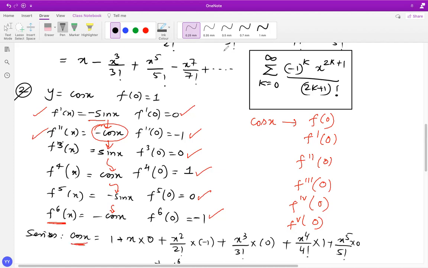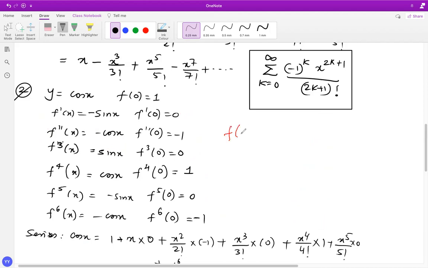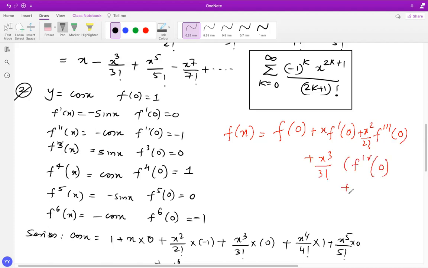And I hope the formula that we use is very clear, that f of x is actually f of 0 plus x times f dash 0 plus x squared over 2 factorial times f double dash 0 plus x cubed over 3 factorial times f triple dash 0, and x raised to 4 over 4 factorial times the fourth derivative, and x raised to 5 over 5 factorial times the fifth derivative.